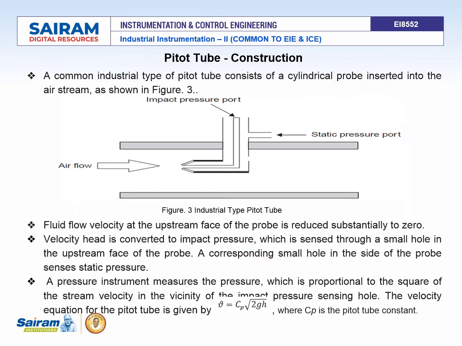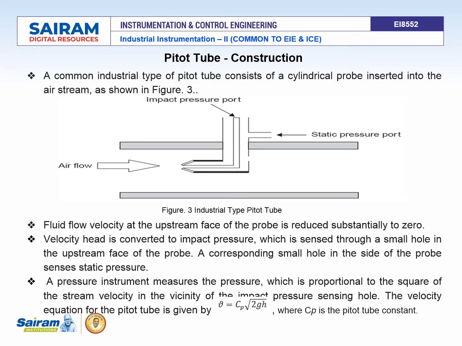Then coming to the construction of the pitot tube, the figure shows a normal industrial type pitot tube. At one end, the airflow is coming, and at the second end, the impact pressure port is there, and there is a static pressure port. The fluid flow velocity at the upstream face of the probe is reduced substantially to zero, and the velocity head is converted into impact pressure, and it is sensed by a small hole in the upstream face of the probe.